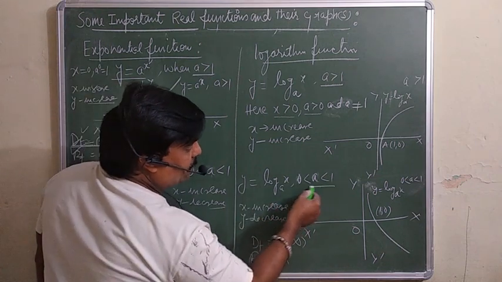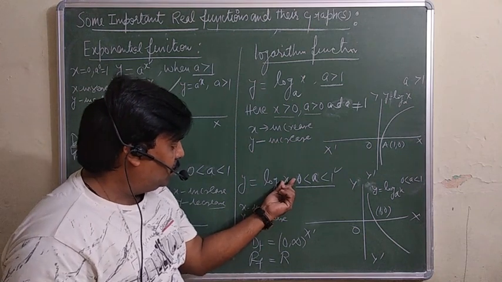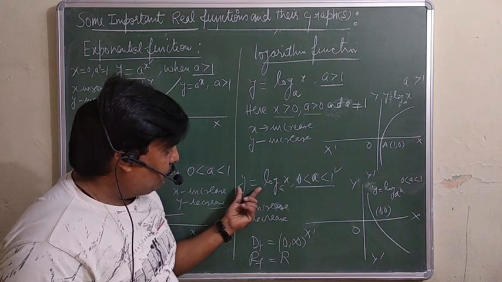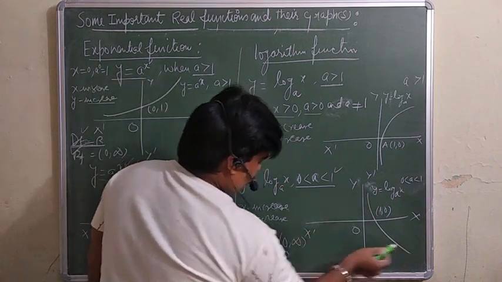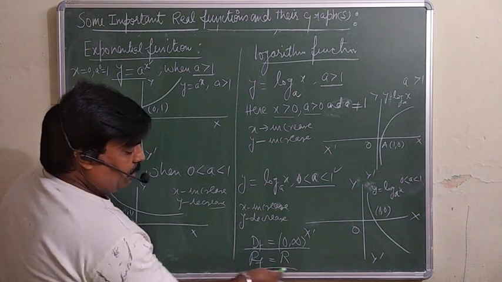If your a is greater than 0 but less than 1, then if x is going to increase, the value of y will decrease. If the value of x is going to increase, y will decrease. So the graph will be in this way. Here the domain will be 0 to infinity, but the range will be all the real numbers.